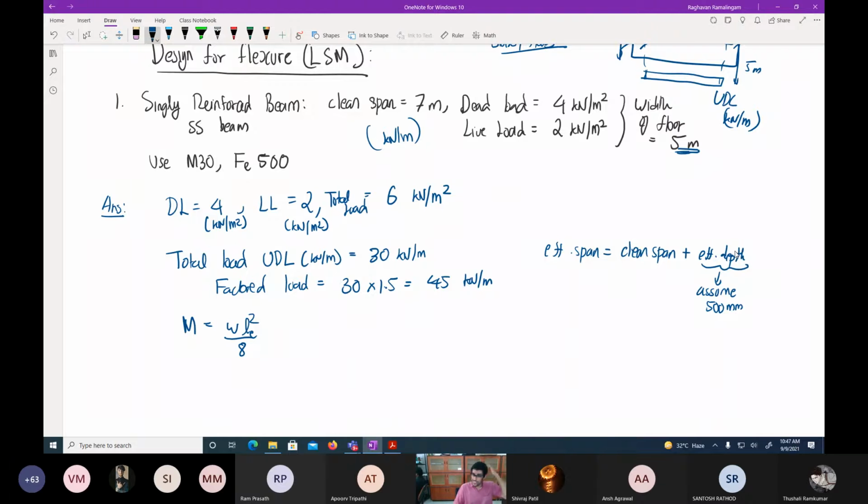Even if you make a wrong assumption at this stage, it doesn't matter. So my effective span becomes 7 plus 0.5, which is 7.5 m. So I have to use this 7.5 over here. W is this. So how much do you get for the moment? WL square by 8.